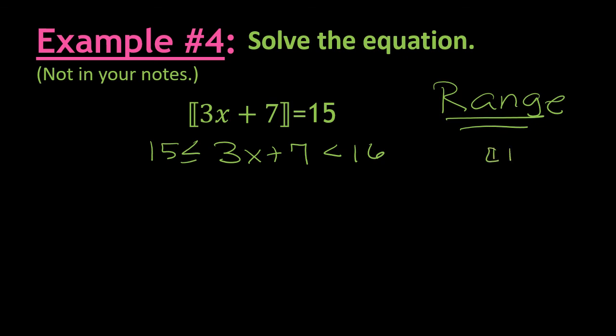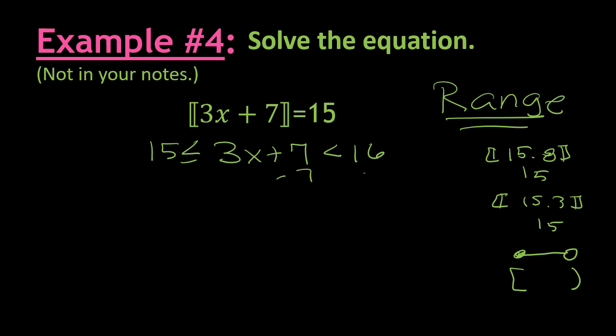For example, the greatest integer function of 15.8 is 15. The greatest integer function of 15.3 is 15. So any number between 15 and 16 will work, but it's the greatest integer less than or equal to 15. Also, if you think about the graph, we have the closed circle on the left and the open circle on the right. So now I'm just going to do the algebra.